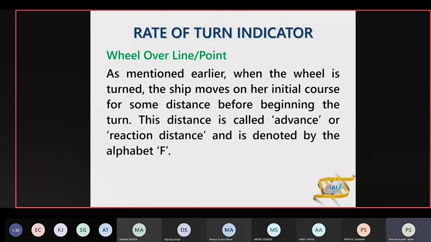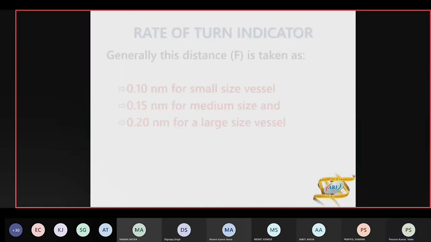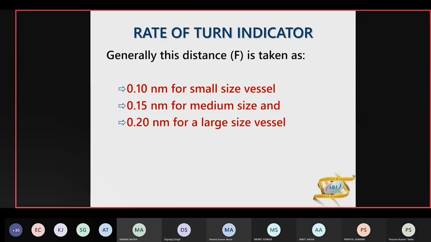Wheel over line, wheel over point. Next, next slide.